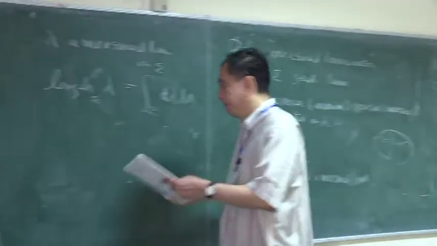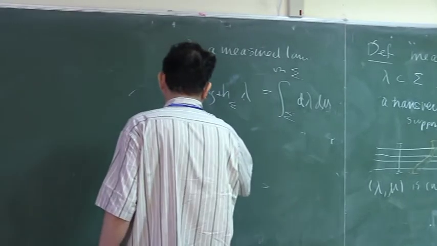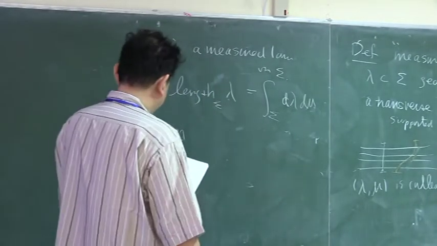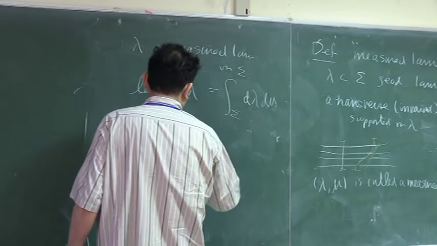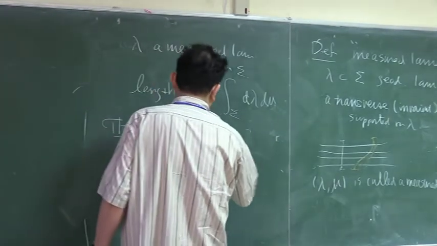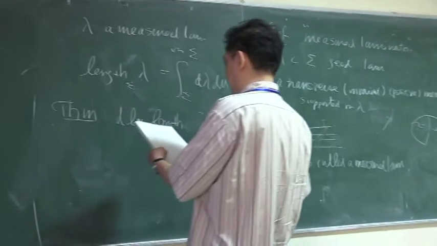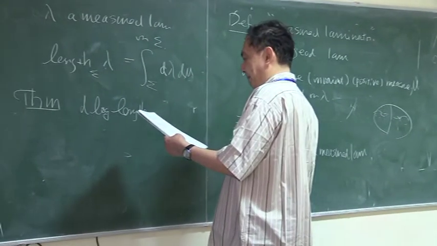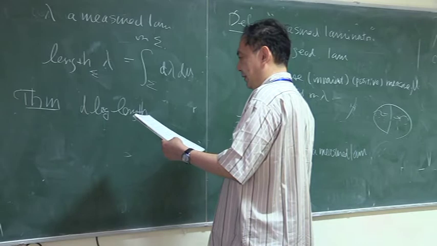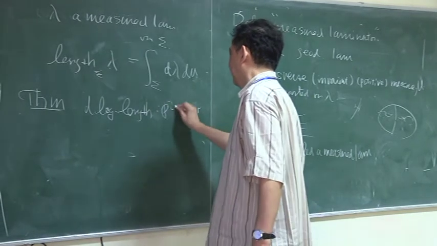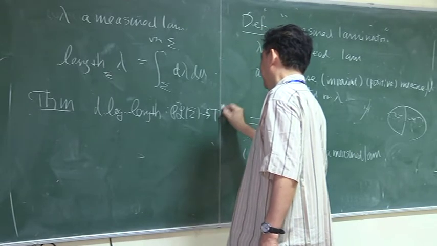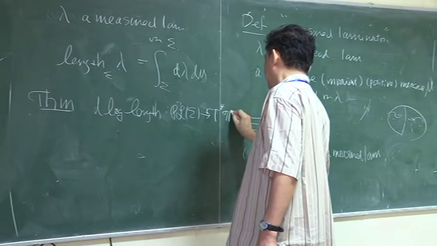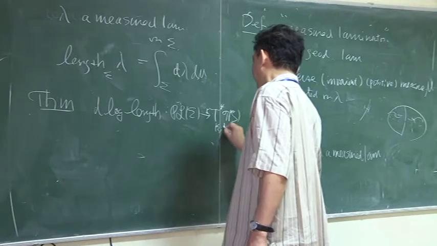Now, the theorem of Thurston is something like that. We consider d log length from PL sigma to the cotangent space at sigma.